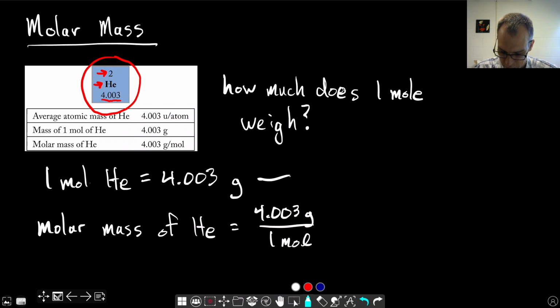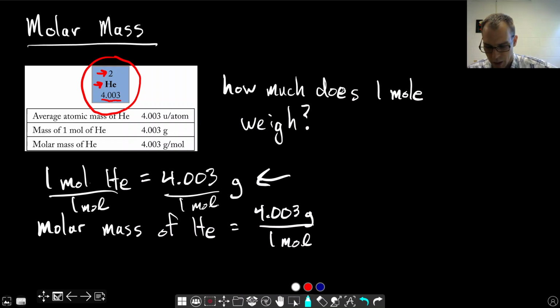That's just taking this equation up here and dividing by 1 mole on either side. Right, and now this becomes a conversion factor. These things are equal to each other. 1 mole of helium atoms is equal to 4.003 grams of helium. And so we can use this as a conversion factor just as we would for anything else.